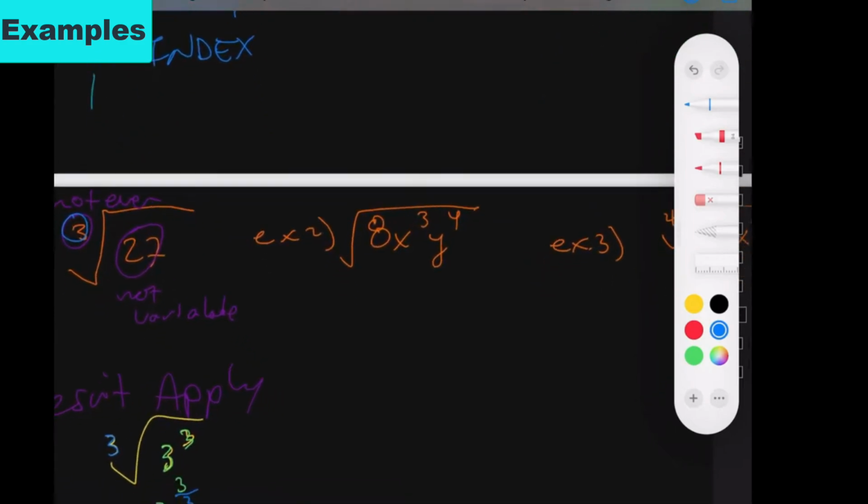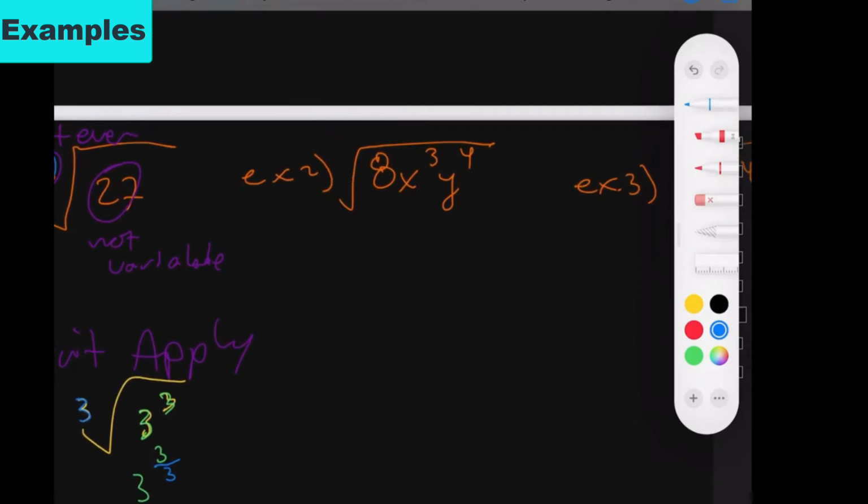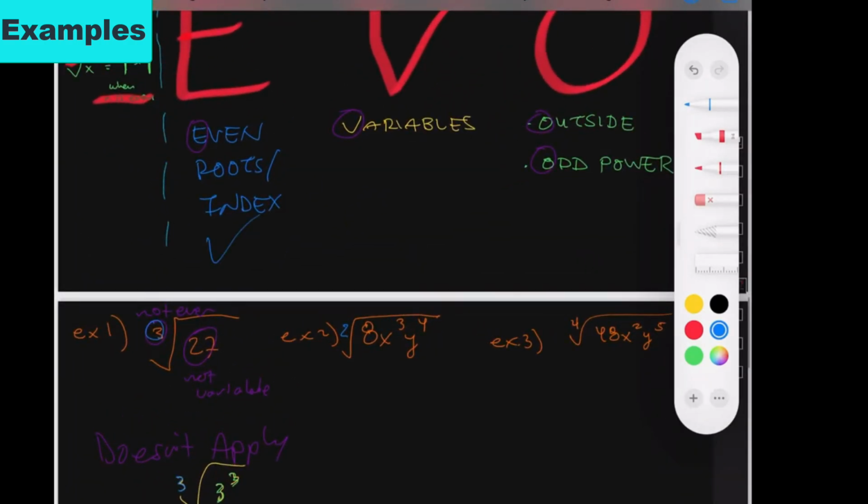Okay, let's try example number 2. Okay, what's the index? Go ahead and put your finger on it. The index is actually a 2, so that is part of the EVO. That's the E part. Now let's just simplify this.